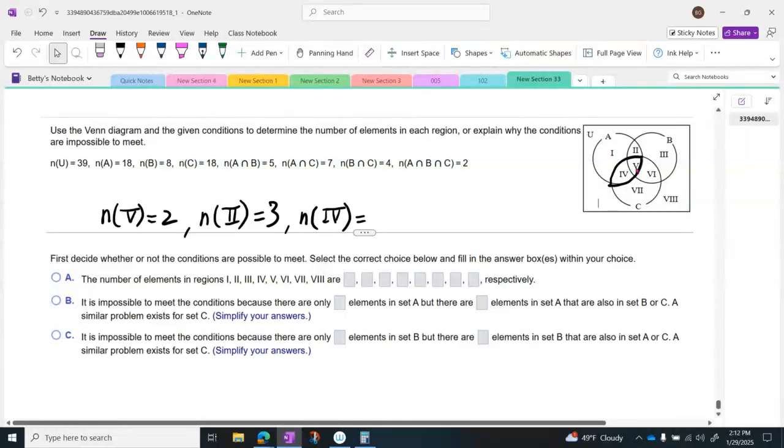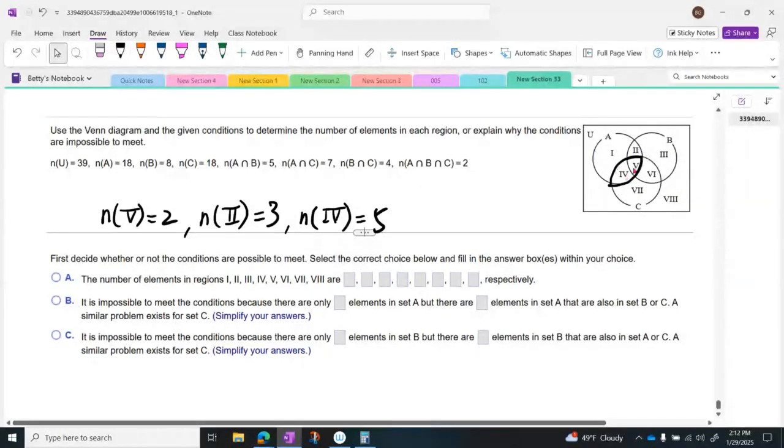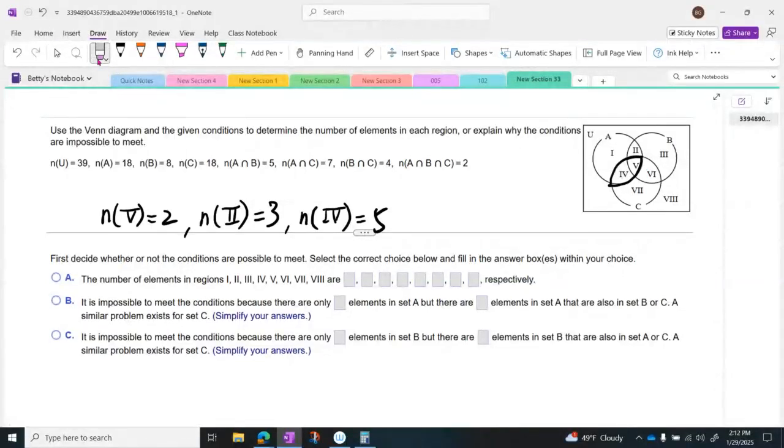But we already have 2 in the center, so we should have 5 in region 4. Region 4 has 5, region 5 has 2. Together they make 7. The number matches. All right, very similar to earlier.